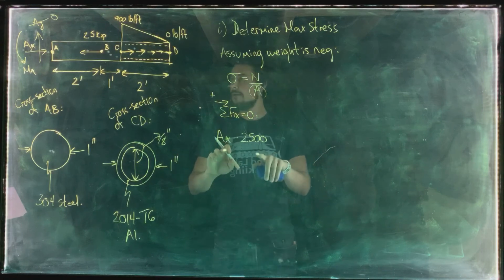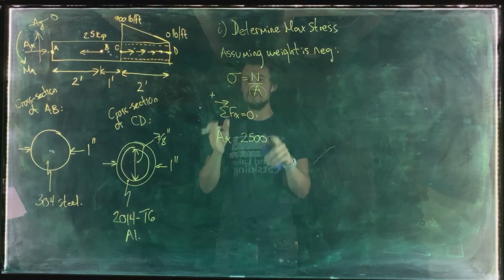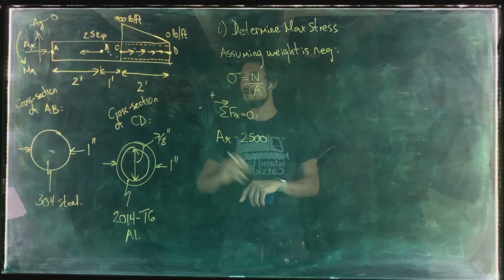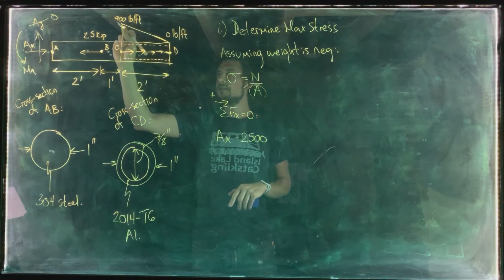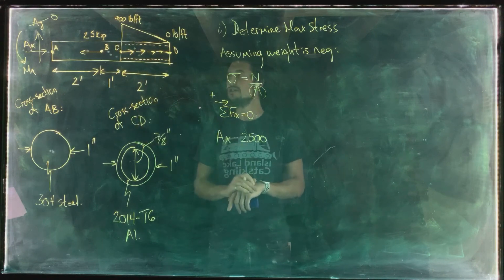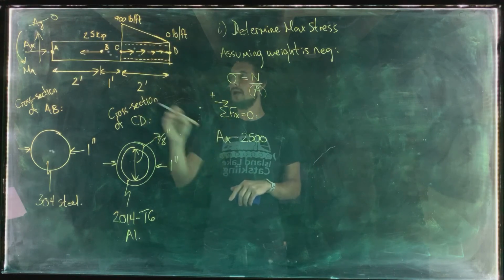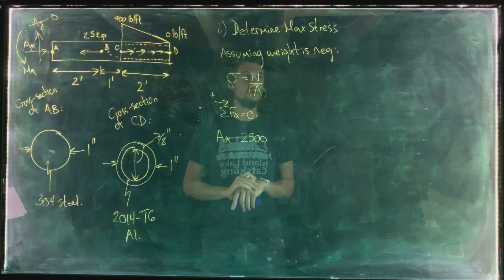Now, when we put that distributed load into our sum of the forces equation, we want the resultant of that distributed load. What this load does is linearly decrease from a value of 700 pounds per foot to 0 pounds per foot over a distance of 2 feet.